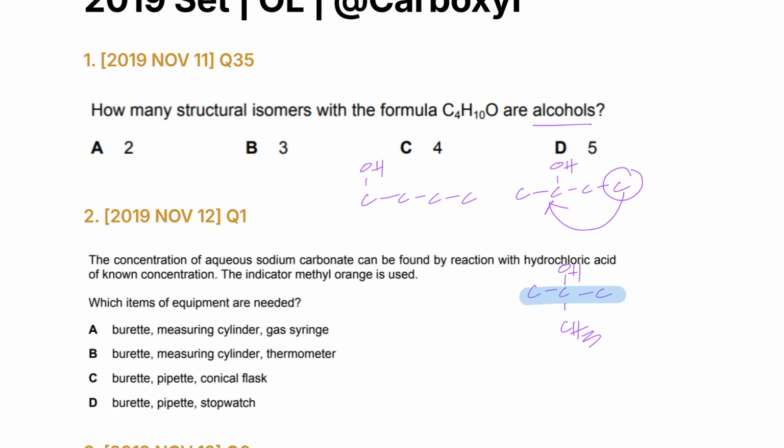This is 1, 2, 3. This is 2-methylpropan-2-ol, because on the second carbon you have the methyl and on the second carbon you have the functional group.